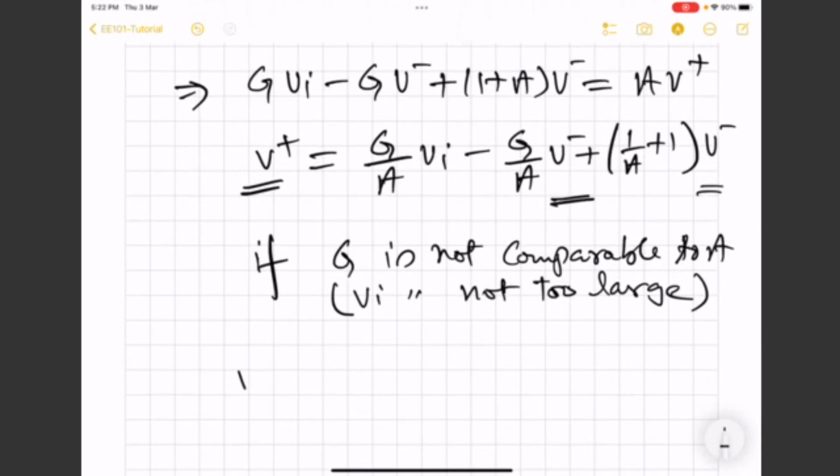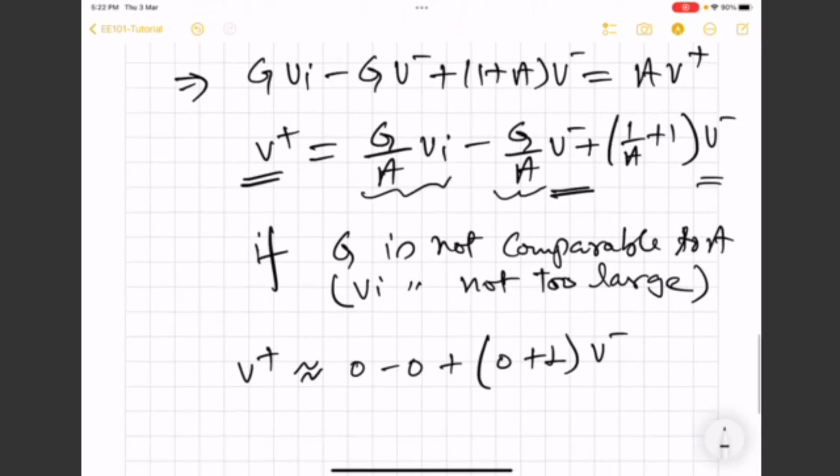So if this is the case, then you can see that V plus can be approximated: this first term is going to be 0 because the denominator is too large. For this term also, the denominator is too large, so it is going to be 0, plus 1 by A is of course 0. Then we have 1 and then we have V minus.